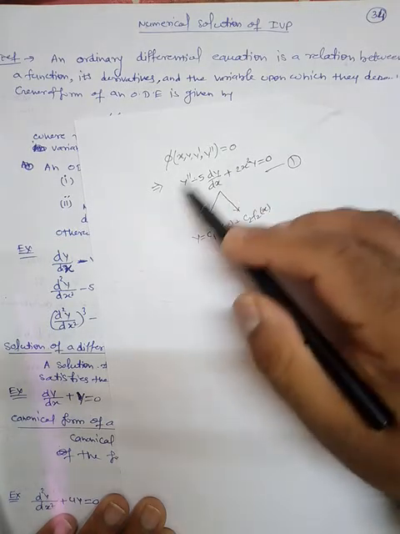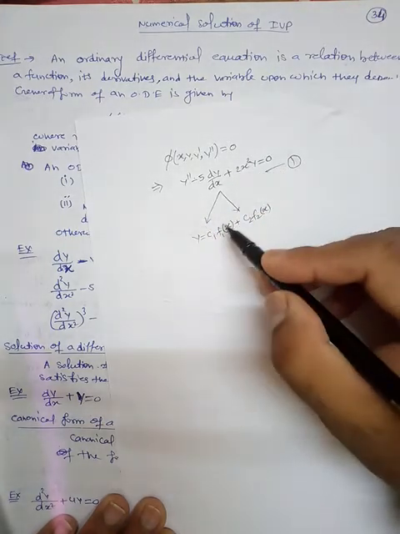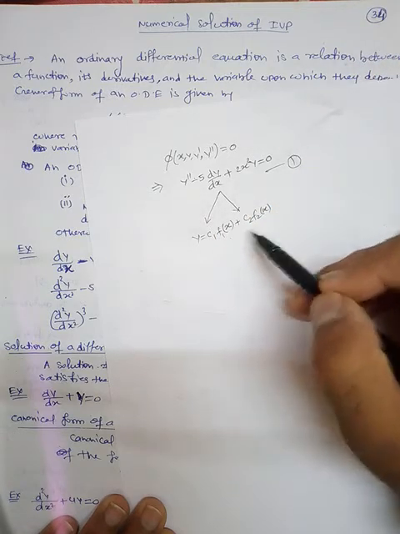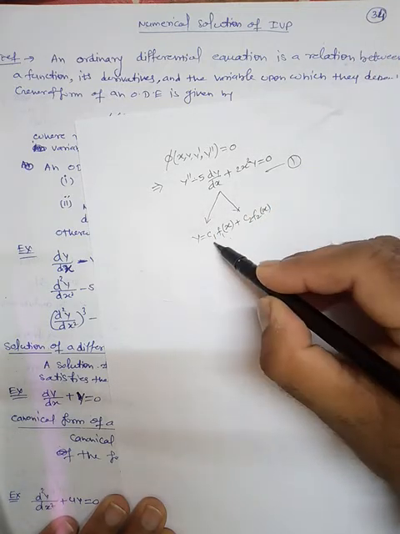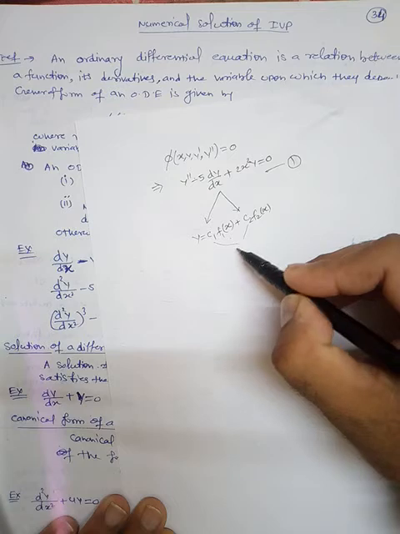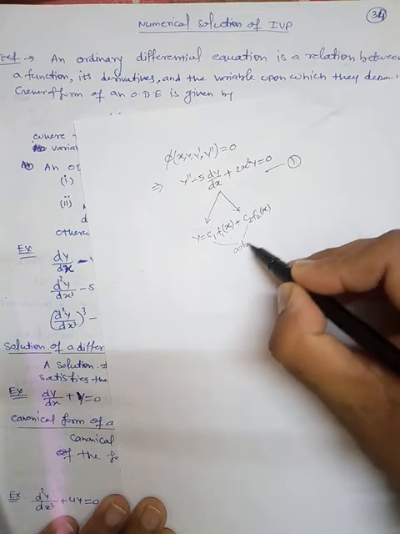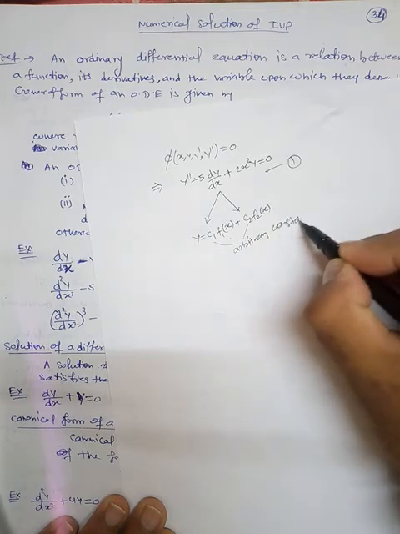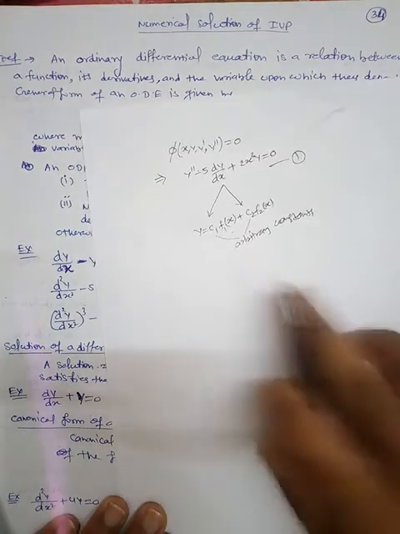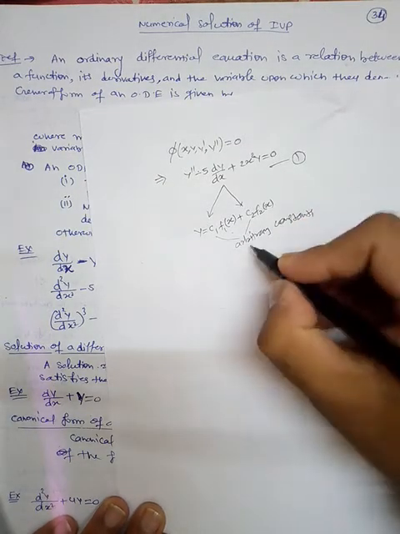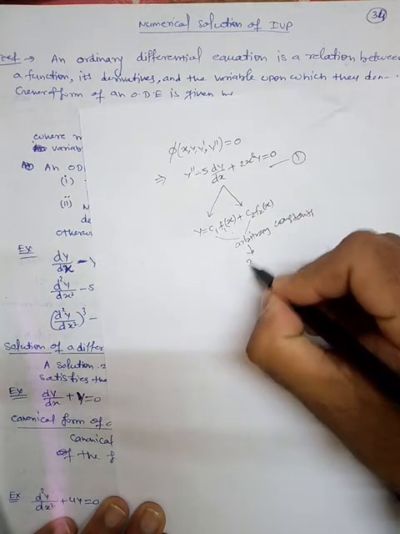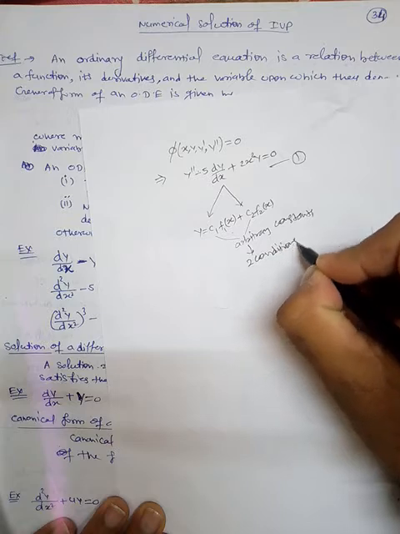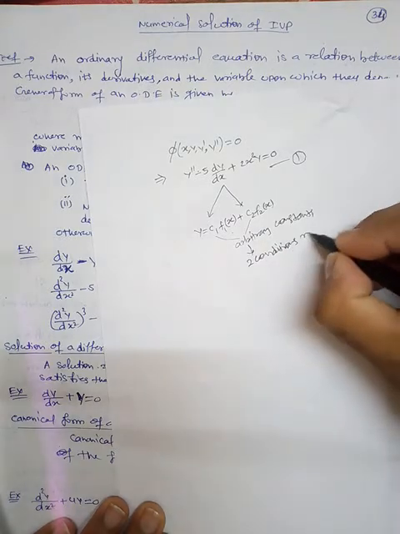I am not finding the exact solution, but I am just writing the solution type: c1 some function of x, c2 some function of x, where c1 and c2 are unknowns or arbitrary constants. To find these, you need two conditions. Two conditions required.